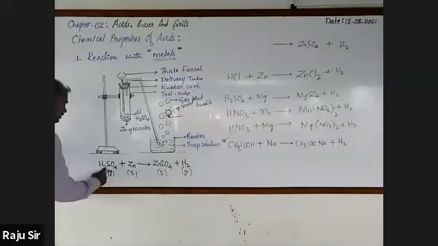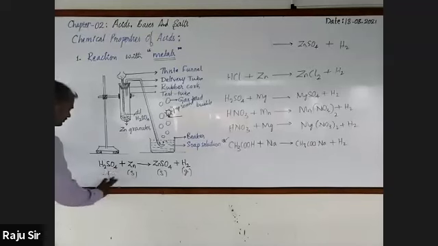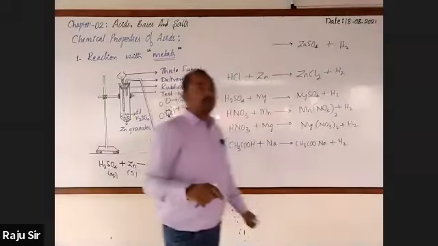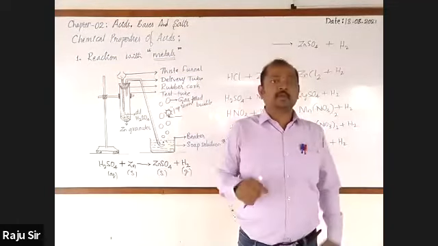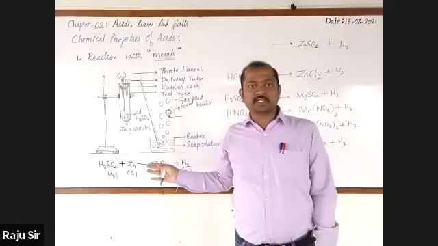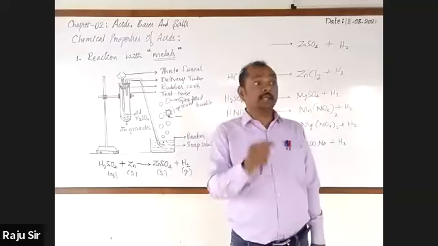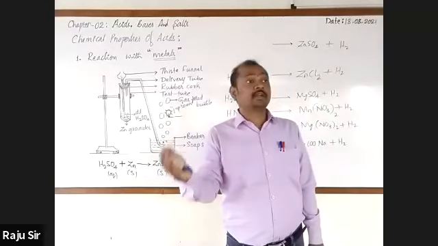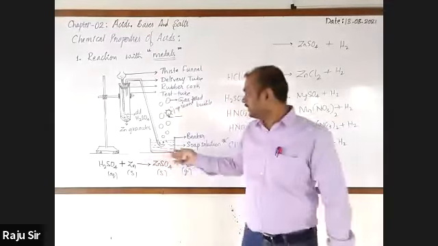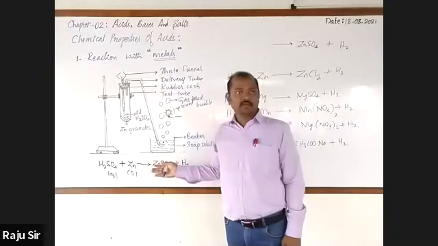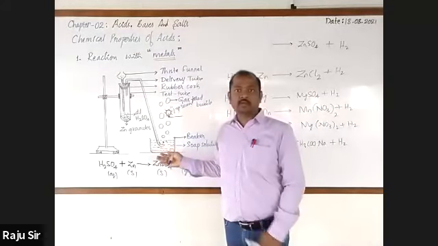So you can also write it as aqueous. And what is the other thing? One is by indicating the physical state. Second one, by indicating the reaction condition. In the reaction condition there is nothing, they directly undergo chemical reaction.